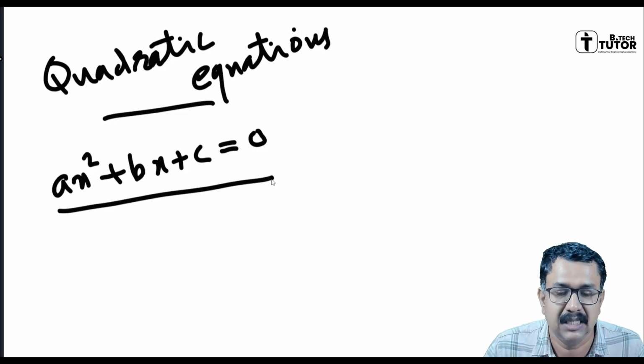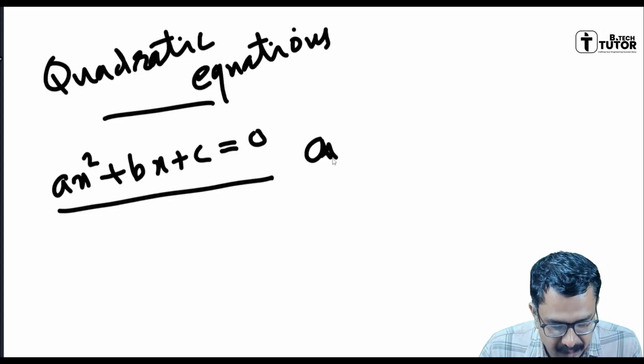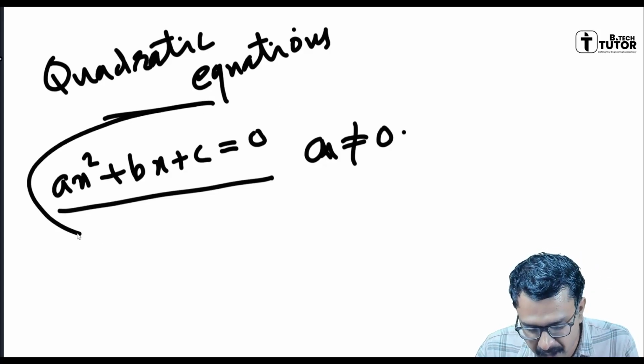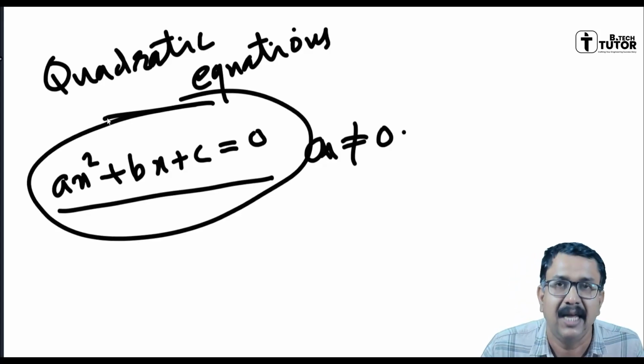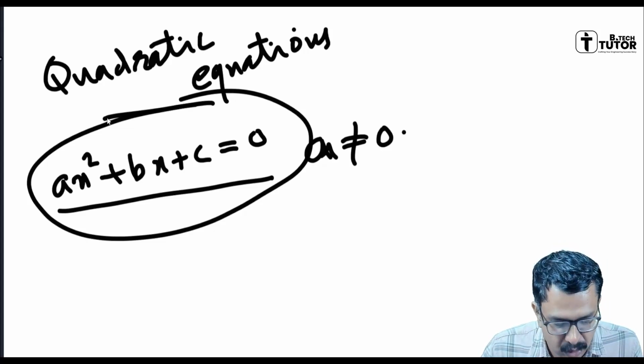That is why it is called a quadratic equation. Now remember that here a is not equal to 0.